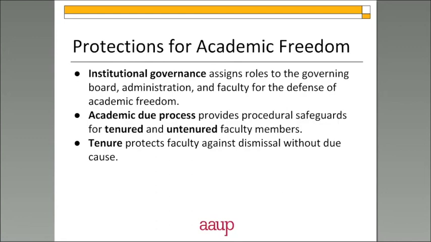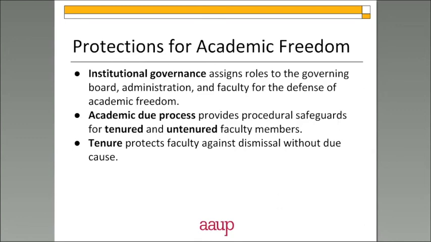So there is, on the one hand, and I already mentioned the role that institutional governance plays, especially the faculty's role in institutional governance for the defense of academic freedom. And I'll have here in a moment also some information about the role of the governing board.